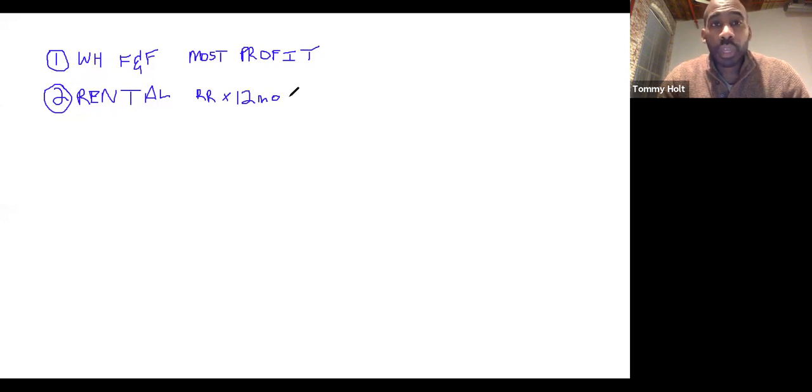So that's going to give us a number, minus our operating expenses, OE, divided by our all-in, or the investor's all-in.